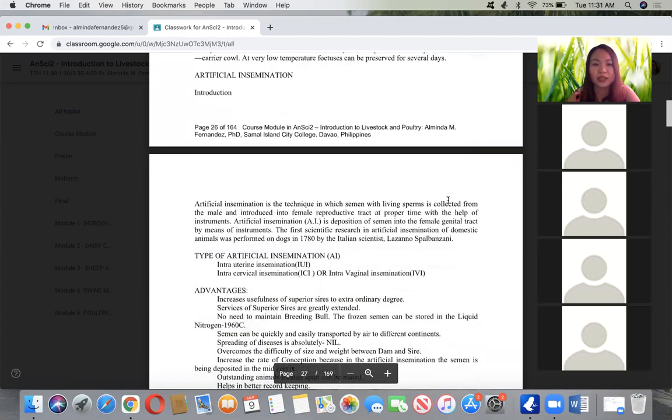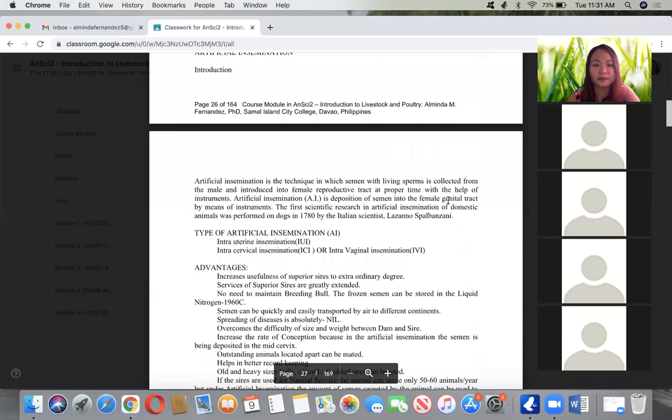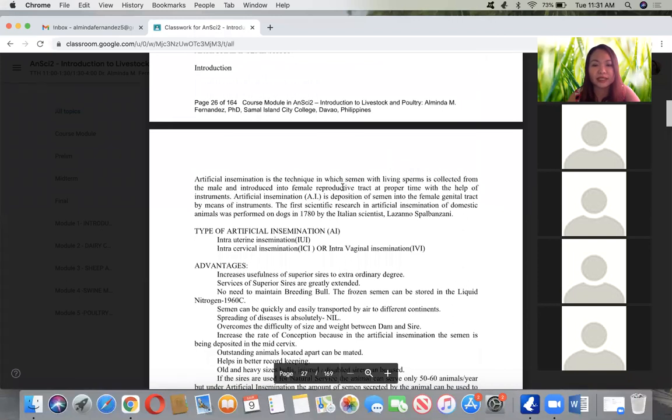So, how to do artificial insemination? Again, this is a technique in which semen with living sperm is collected from the male and introduced into the female reproductive tract at the proper time with the help of an instrument known as the insemination gun.